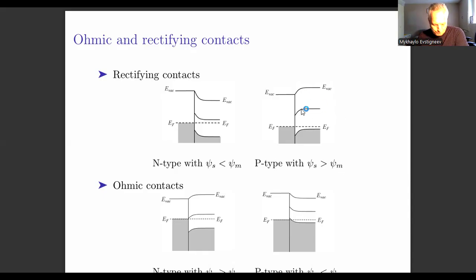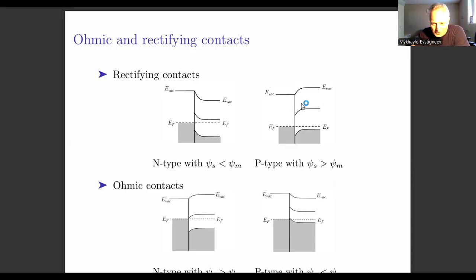So the conduction band does not contribute to conductivity, to current production, because it is practically empty.